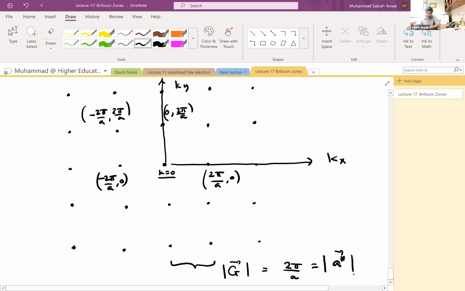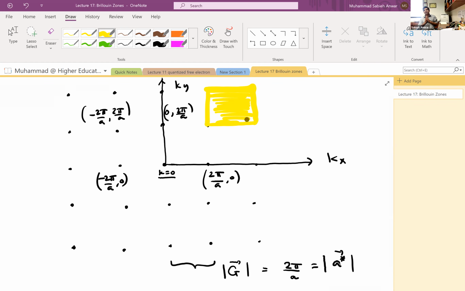Now, how do we draw the first Brillouin zone? The first Brillouin zone is drawn in the following fashion. There is a recipe. Suppose I first draw this unit cell here. Of course, this is primitive. It's a primitive unit cell in the k space, so it qualifies as the first Brillouin zone.